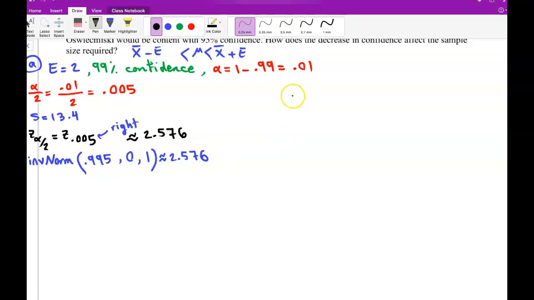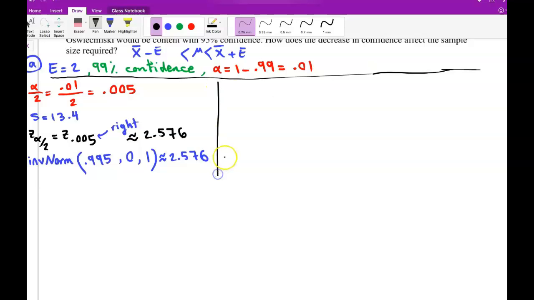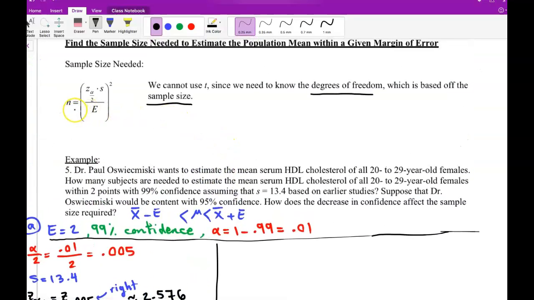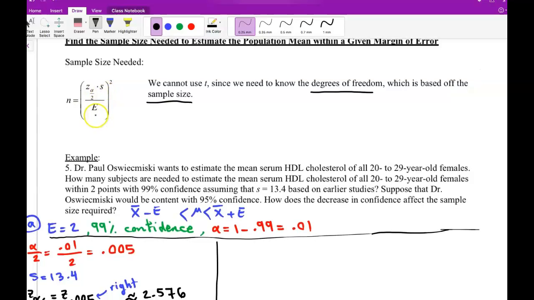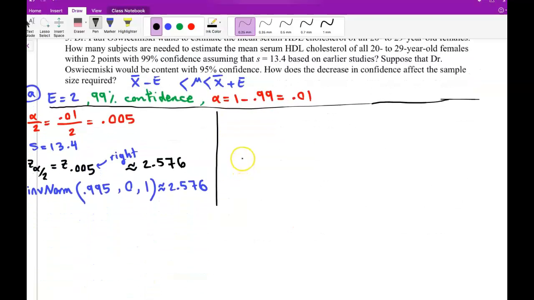Okay, now finding sample size. Using what we have here, n is equal to z times sample standard deviation divided by error, then squaring that.